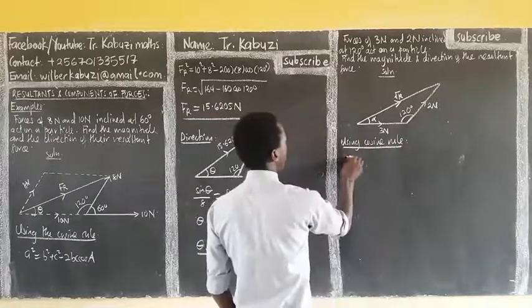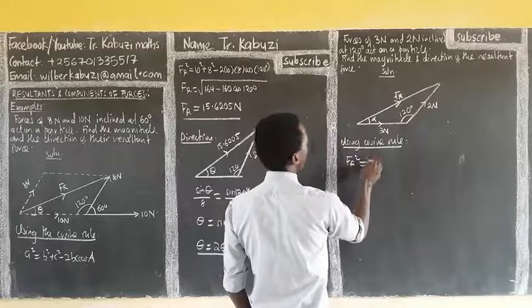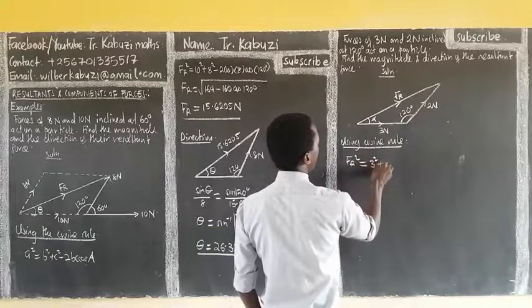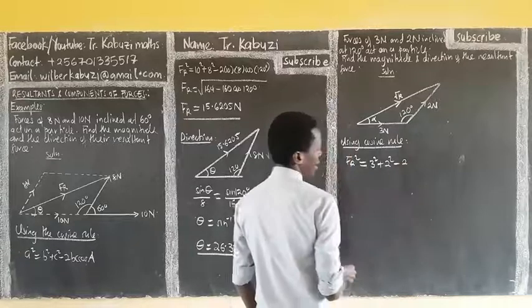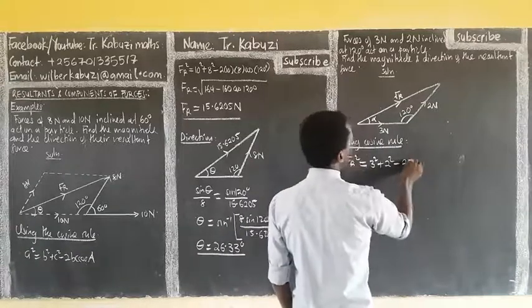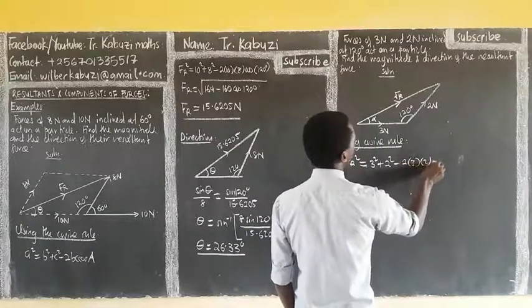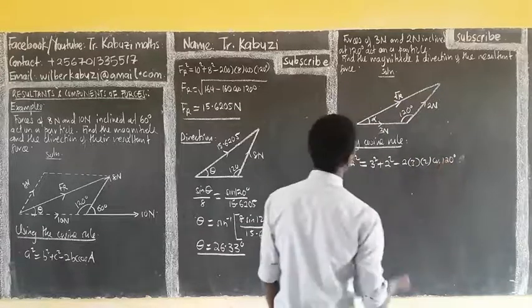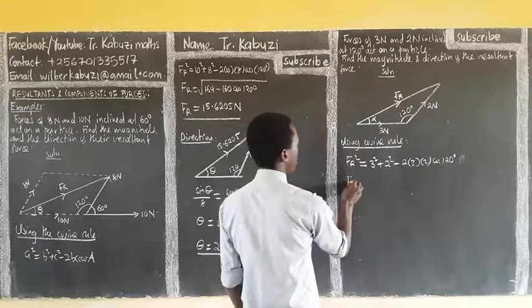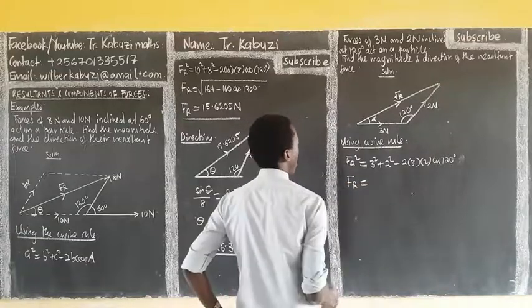It says FR squared is going to be 3 squared plus 2 squared minus 2 times 3 times 2 times cos of 120 degrees. And so from here, that directly gives us our FR.